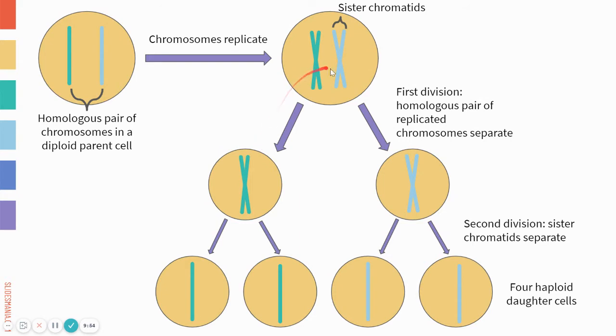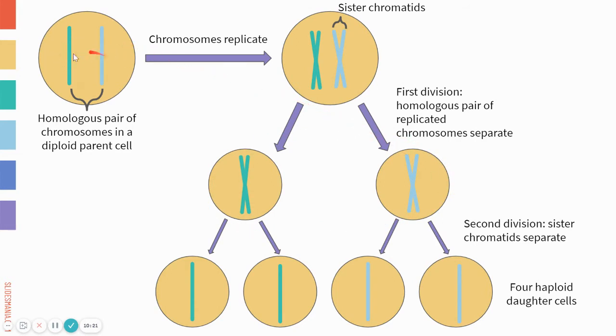So the green one is going to separate from the blue one. So we're going to cut the cell down the middle here, and now we have 2 daughter cells, and each daughter cell is only going to contain 1 of those homologous pairs. This first division is sometimes called a reduction division, because you'll notice that at the end of this first division, we've gone from a diploid cell that we started with.